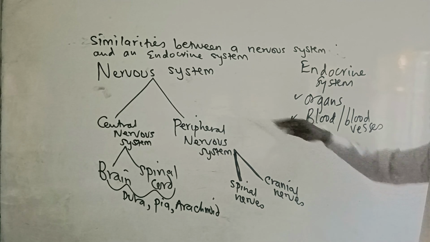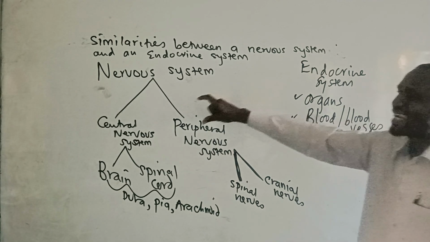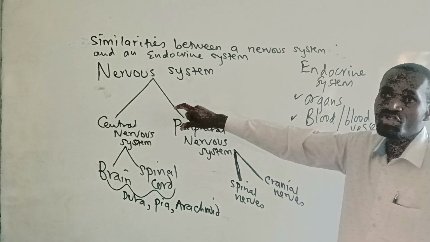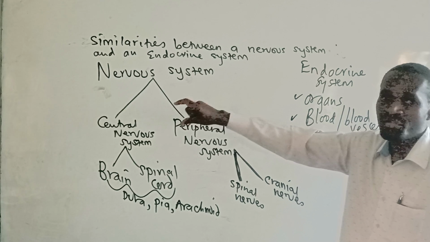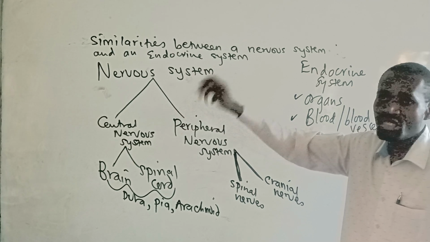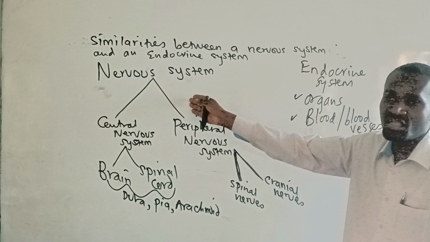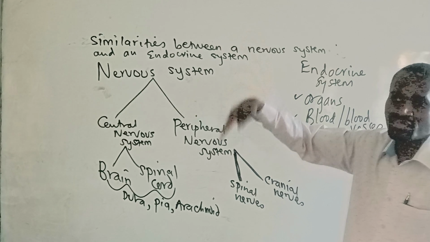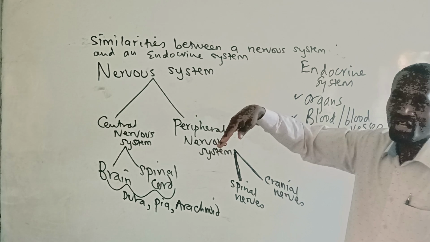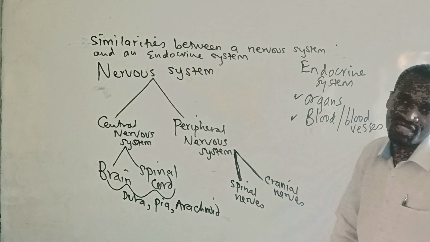The nervous system maximizes the use of electrical signals and the neurons or nerves to provide communication, mediating between the receptor organs, the effector organs, and the central nervous system.